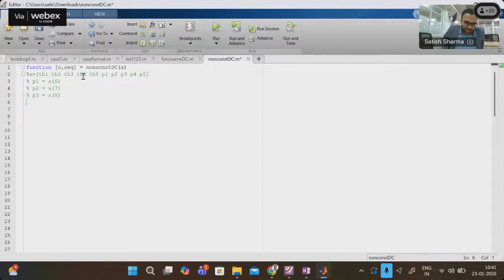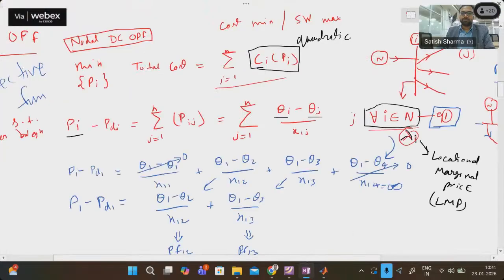Now, what is the power balance equation? How many times are we going to write it down? For all the nodes. So I have to apply a for loop: if n is 5, I have to write down 5 equations.